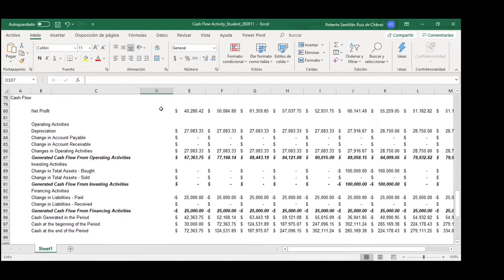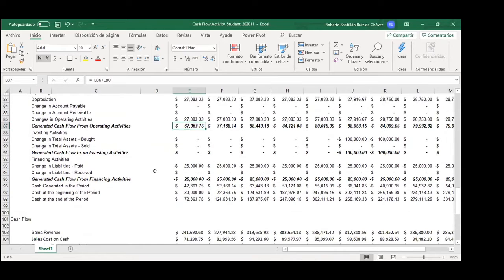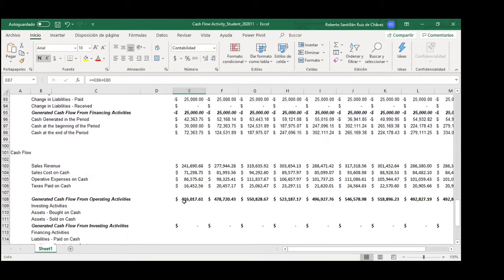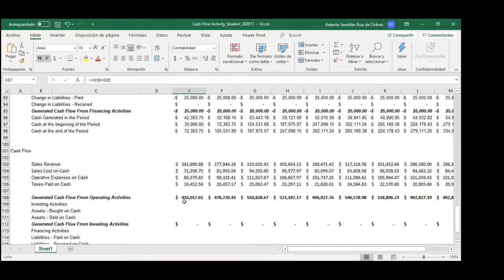So operating activities, look at it. How much money is that? 67,000, right? So we should have the same amount in this other method. So go down and you have 460,017 pesos with 61 cents. Why? Who wants to help us? What are we doing wrong?